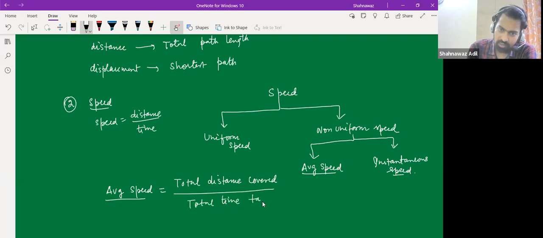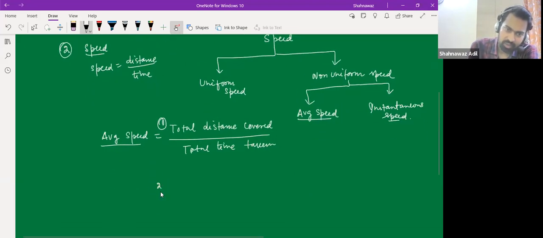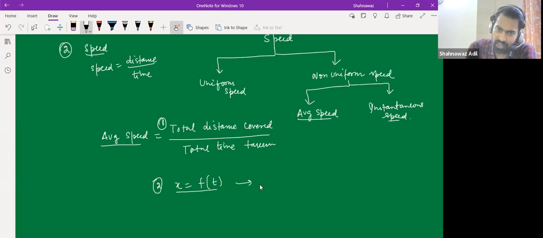This is the first method. In the second method, let's say that x, which is distance, is given as a function of time. In this case, we calculate the average speed by calculating the change in distance divided by change in time.